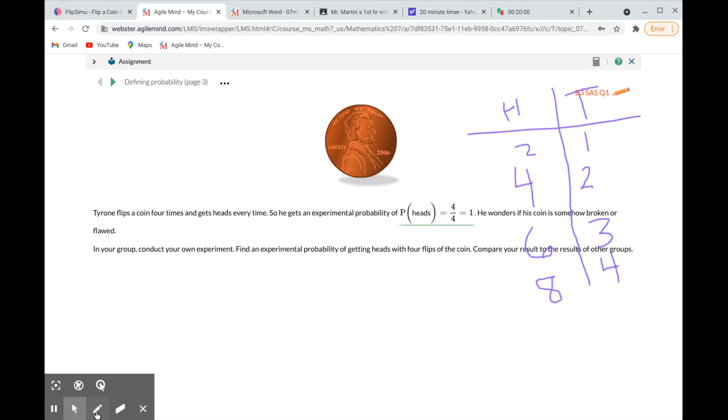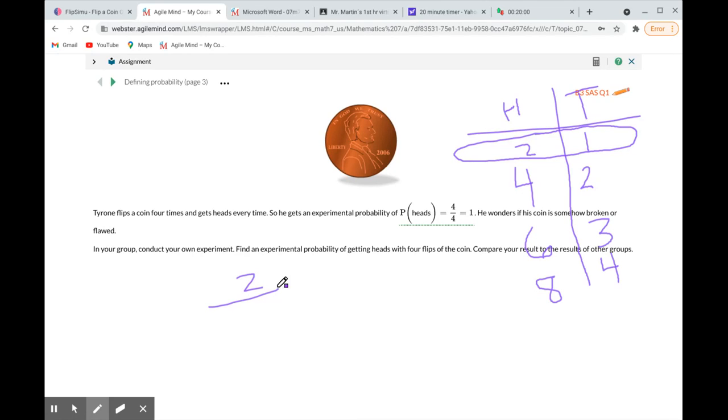Is that right or wrong? Right. All right, so how many times did you flip the coin here? We landed on heads 2 out of how many times? 3. Correct. Which equals what?